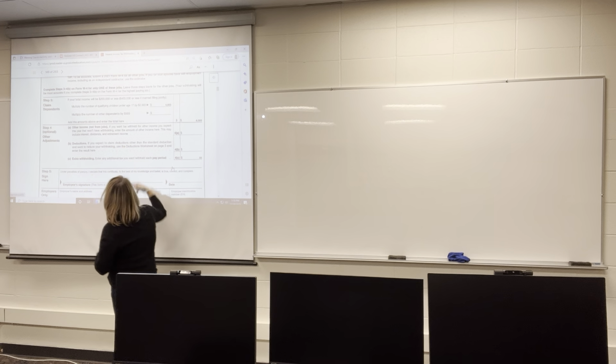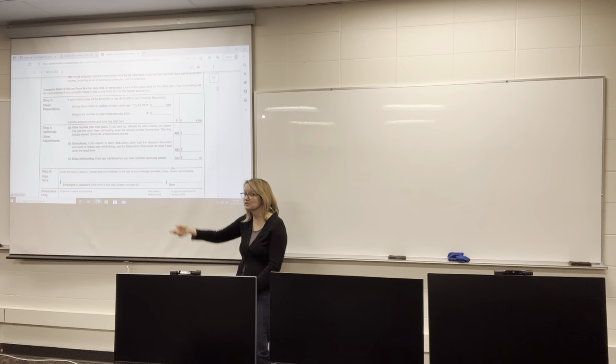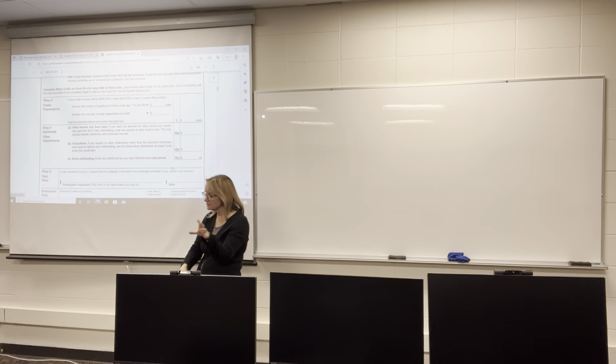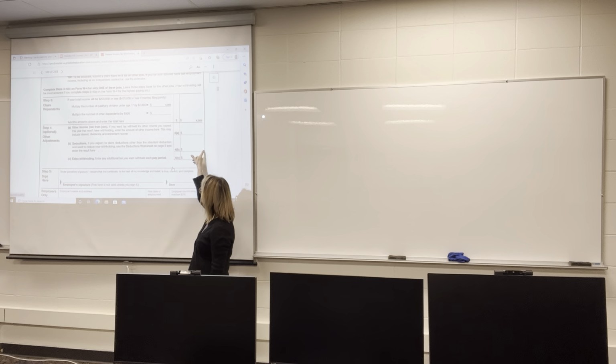Deductions. So if you expect to claim deductions other than the standard deduction, now worked into the calculations already is the standard deduction. But if you think you're going to be itemizing your deductions, there is a separate deductions worksheet, and then you can enter the amount after you've finished the worksheet here.